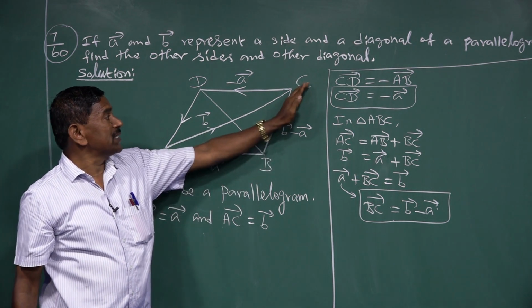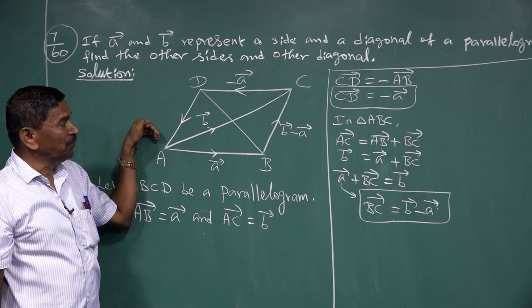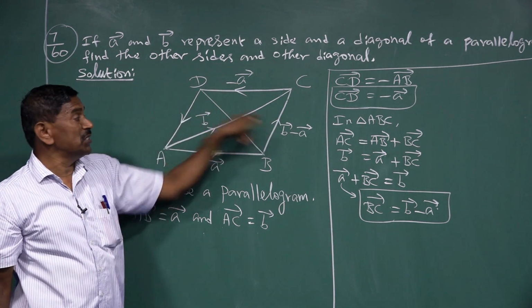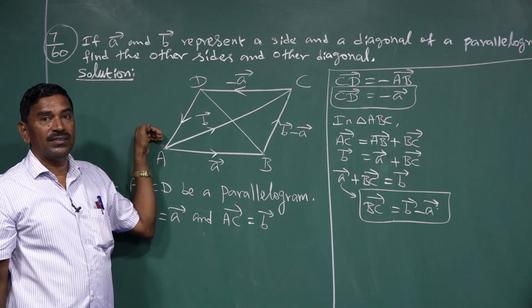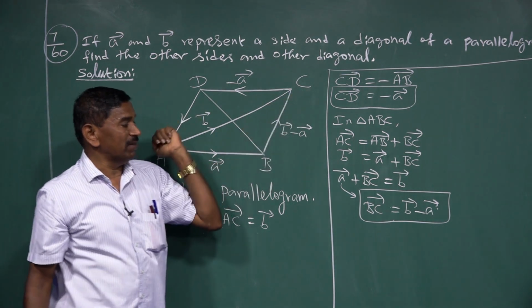BC goes upwards and DA downwards. Therefore, vector DA is equal to minus vector BC.